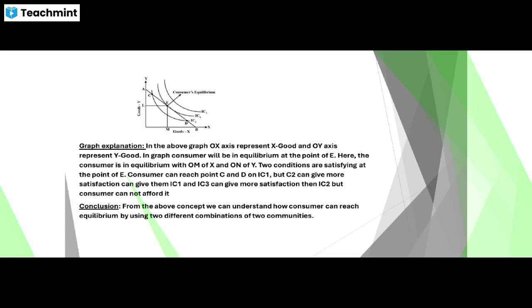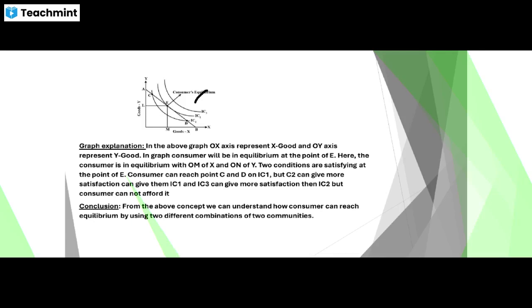So the consumer obviously prefers to be on the second one because he is rational. IC3 will give more satisfaction than IC2. So why can't the consumer reach IC3? Because his budget is limited. He can reach this much only. He cannot reach IC3.